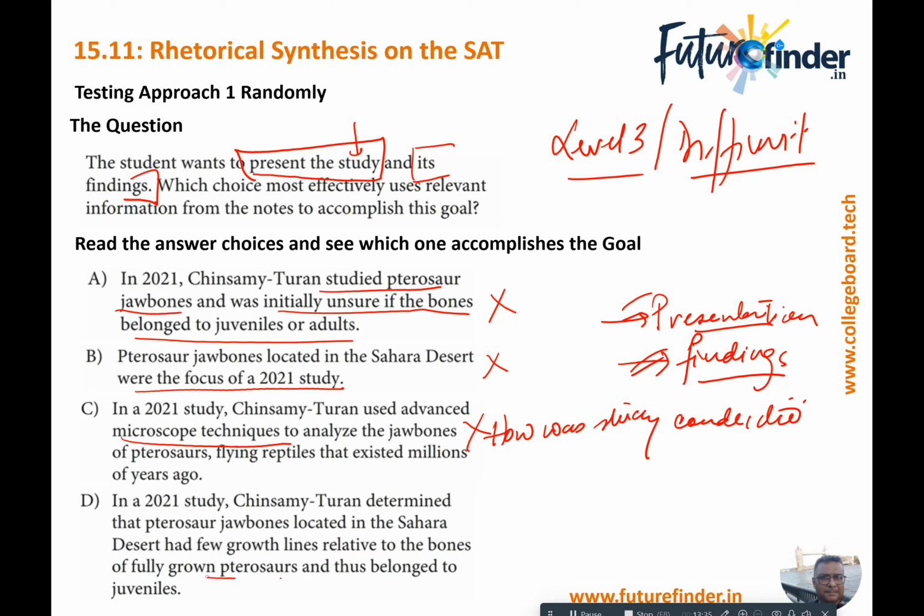So I'm quite sure that this is the finding. We do have the findings out here, and it does introduce the study as well. So now we know that this should be the correct answer based on the goals that the student had set out in order to explain the study, right?